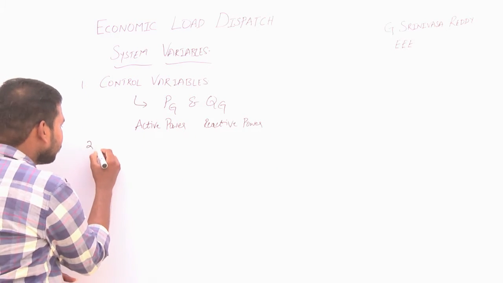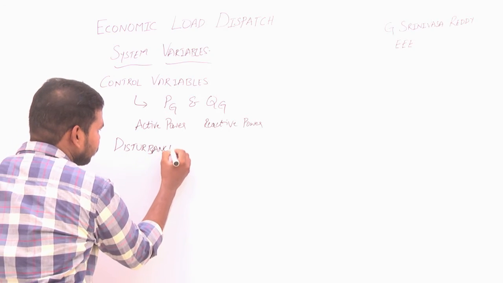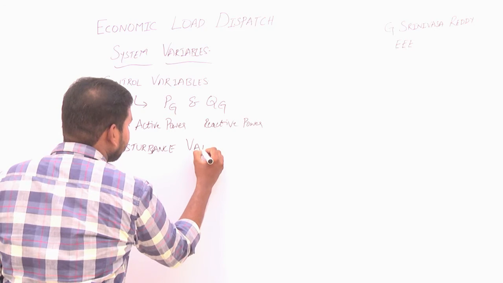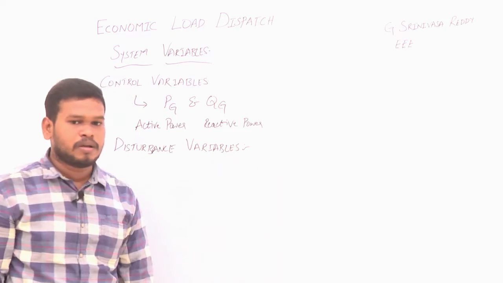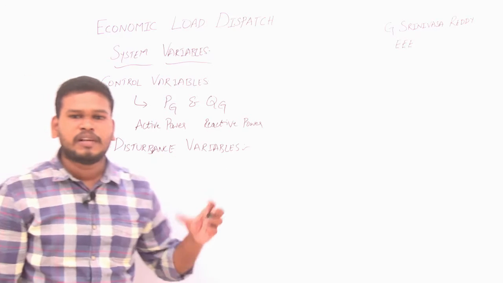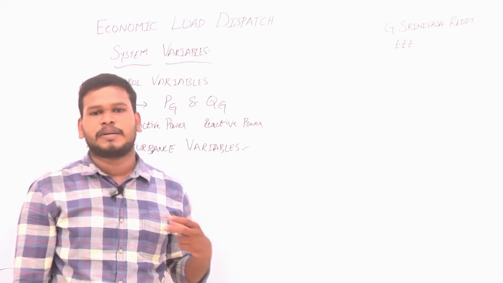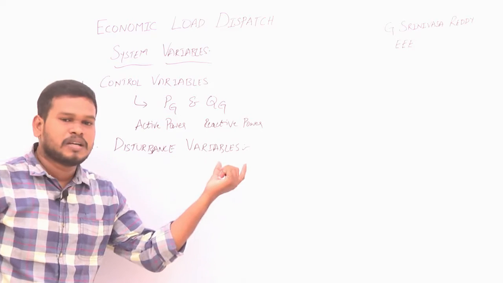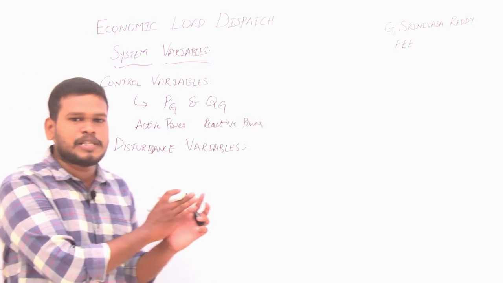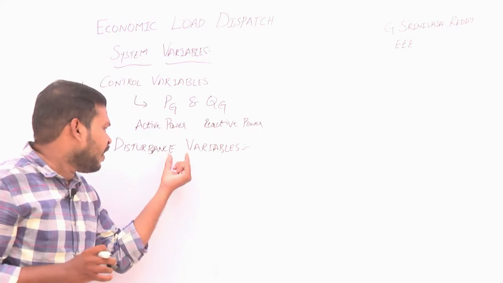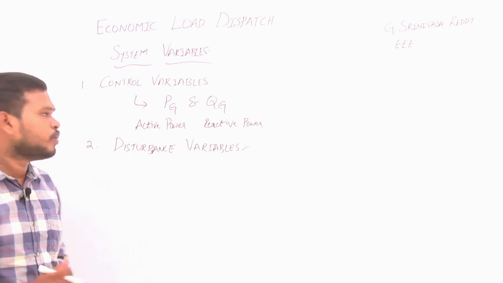So next one, disturbance variables. So what will these do? This will continuously alter the state of the power system network. Means these variables try to disturb the power system network. If the system is in normal state, when these disturbance variables change, they alter the operating state of the system. So what are these called as?